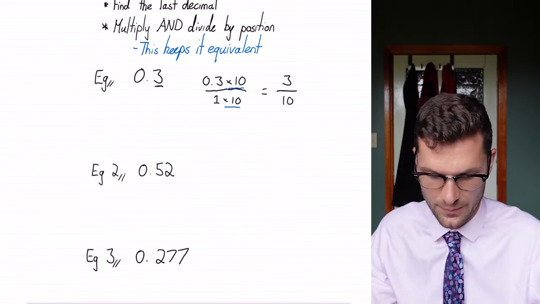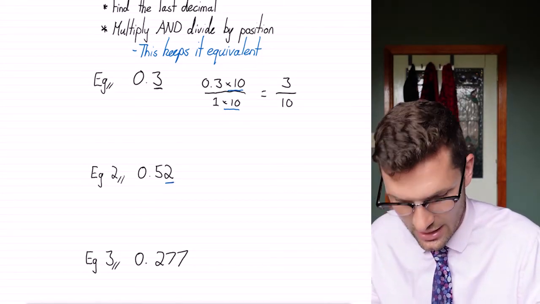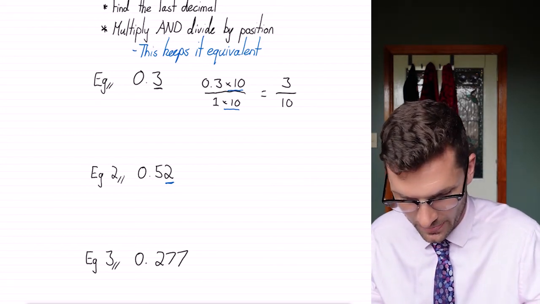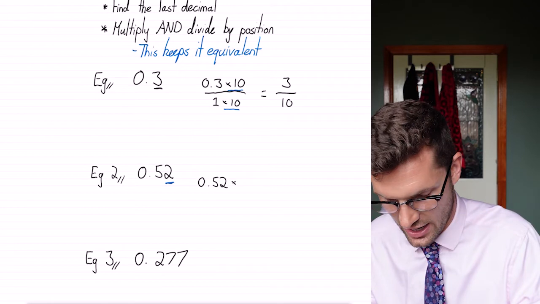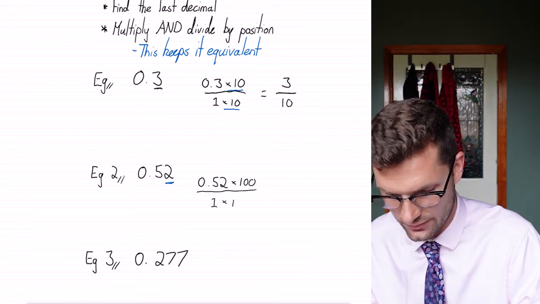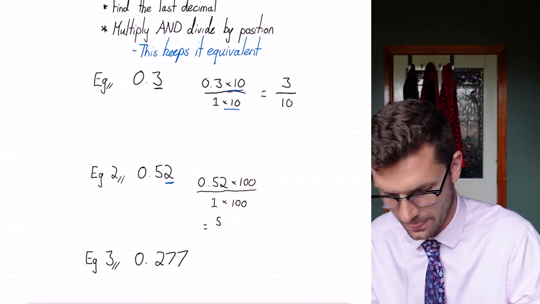Let's go down to the next one. So 0.52, the important bit of information here is that the 2 is in the 100th position. Okay, so we've got 0.52 times 100 divided by 1 times 100, which becomes 52 over 100.